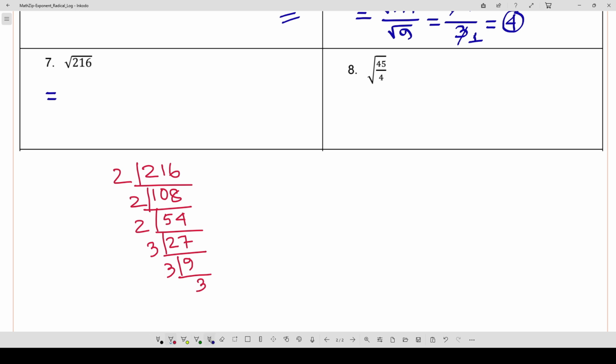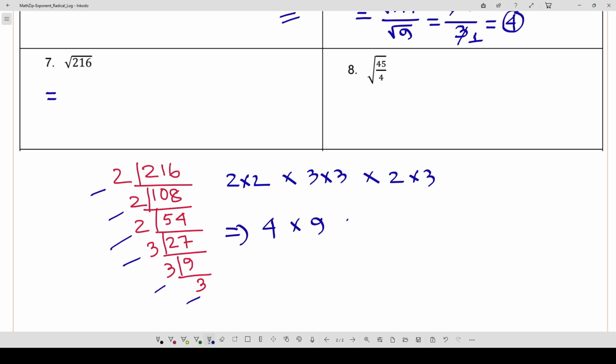So now we can make segregation. It means 2 times 2, it's one pair, times this one and this one. And we can take this one and this one. It means 3 times 3 times 3, it's not a pair. It means 2 times 3. So here is 4 times 9 times 2 times 3, which is 6.